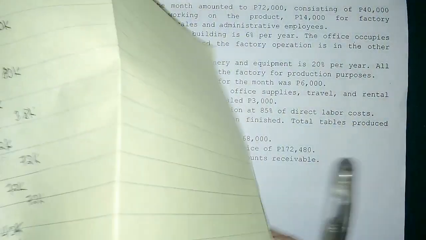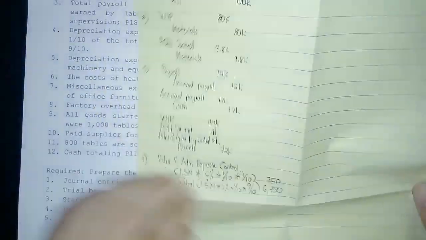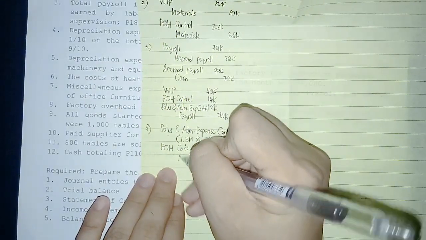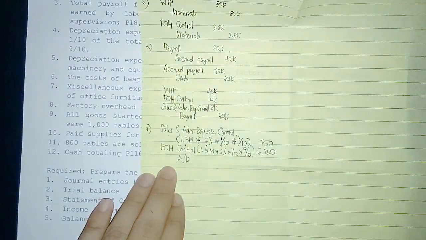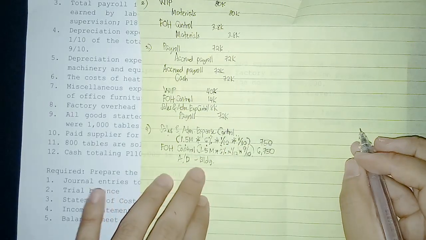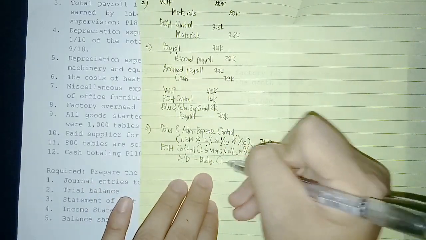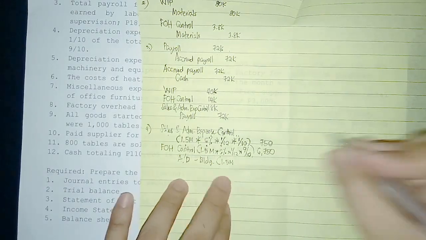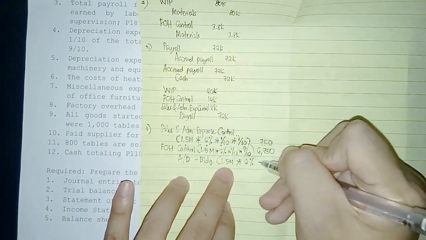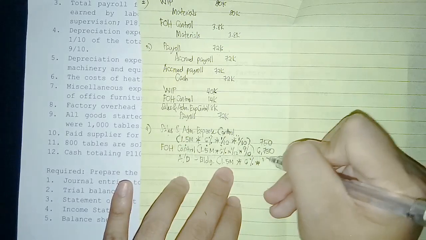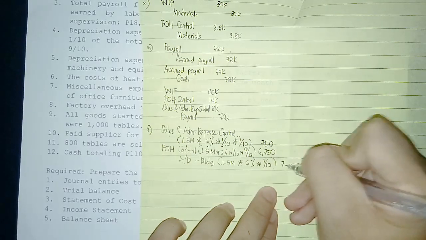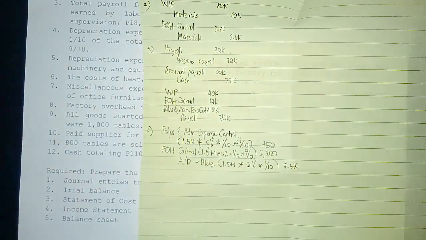Ang credit natin ay accumulated depreciation, building na 1.5 million cost times depreciation per year 6% times 1/12, 7,500.